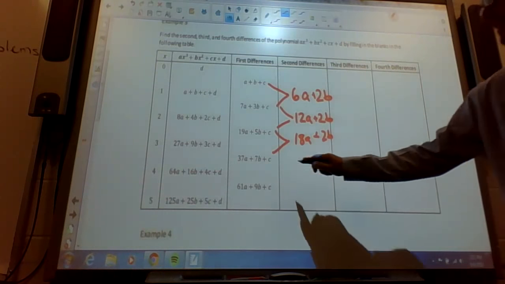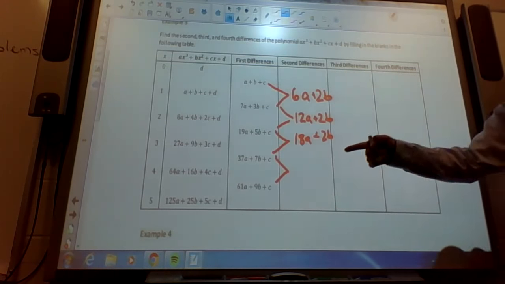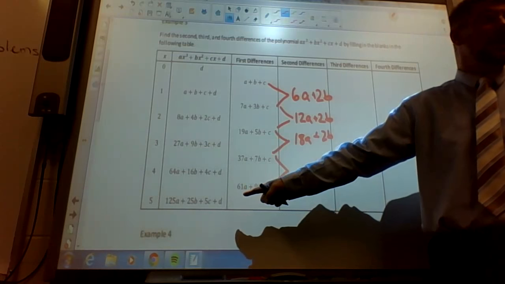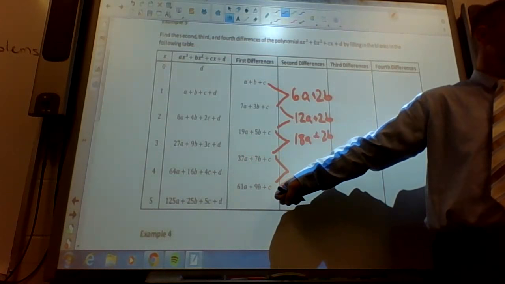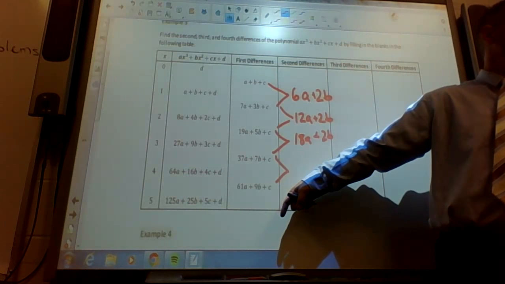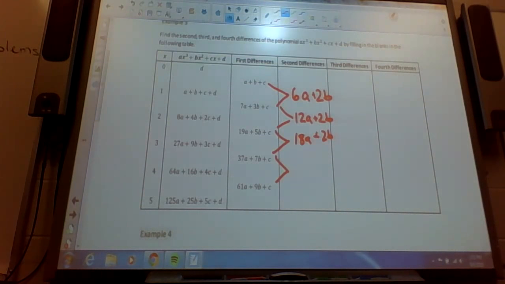All right. Lastly, Giselle, were you able to finish this column? I'm catching you off guard because you came in late, but I'm hoping you can. I got 61 A's right here. I came from 37 A's. How many A's did I go up? 61 minus 37. 24.